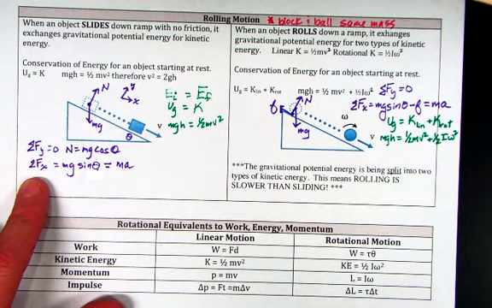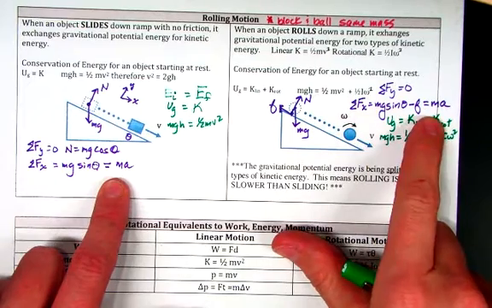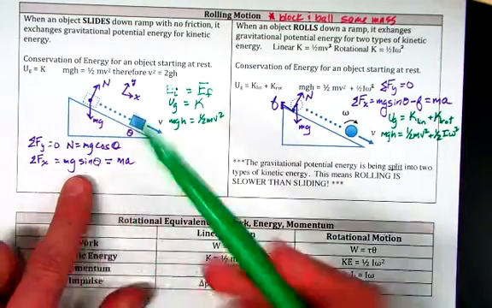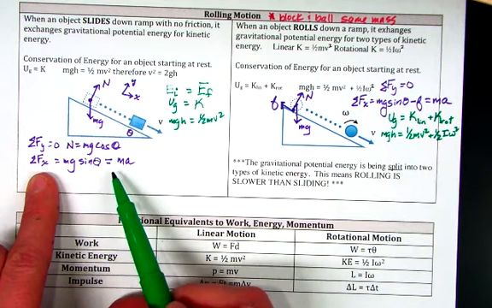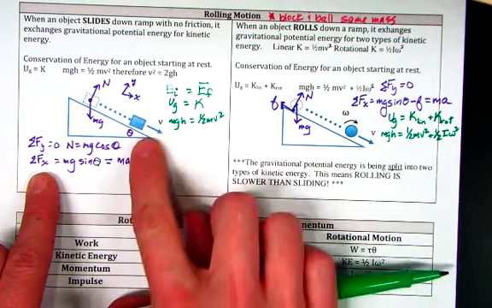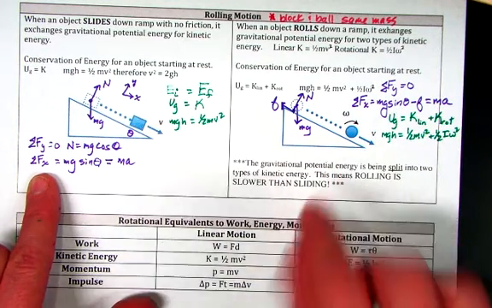How do you know the acceleration is greater? Because the masses are the same. The masses are the same, okay? And here we wouldn't subtract friction, so the net force is greater, and since the mass is the same for both, the acceleration is greater for the block than it will be for the ball. Okay, so that's how we talk about the forces.